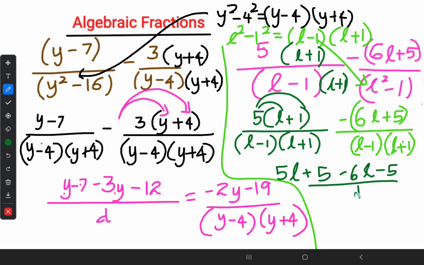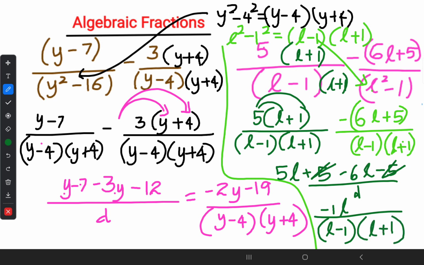Positive 5 and negative 5 will become 0. 5L minus 6L will become negative 1L, or negative L. You can write negative 1L or negative L; both are correct. In the denominator we will have L minus 1 times L plus 1. That would be the answer for the second fraction.